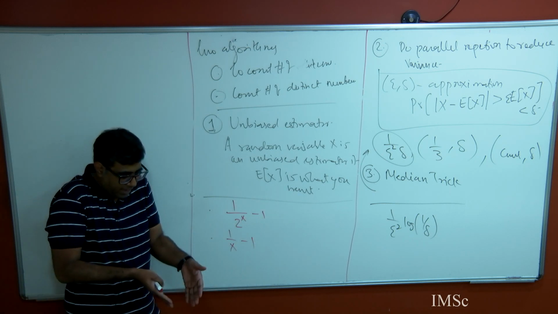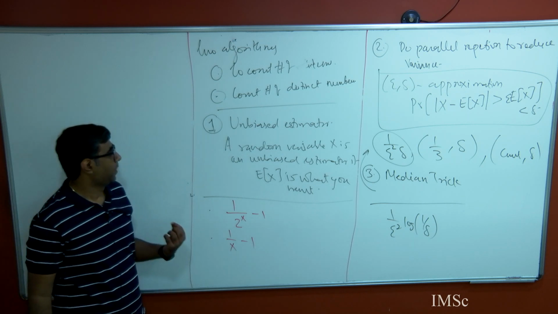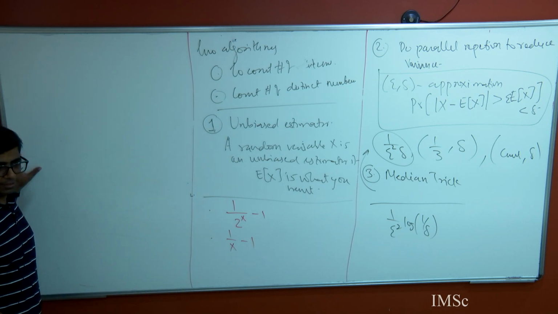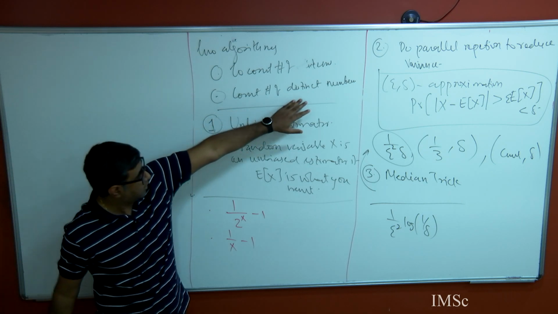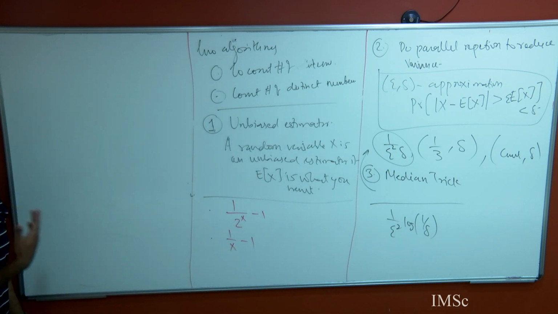Otherwise, if there are n items, 2 items will map to the same number, right? I would like to apply exactly the same kind of idea to counting the number of distinct numbers, but it is not as obvious as this.